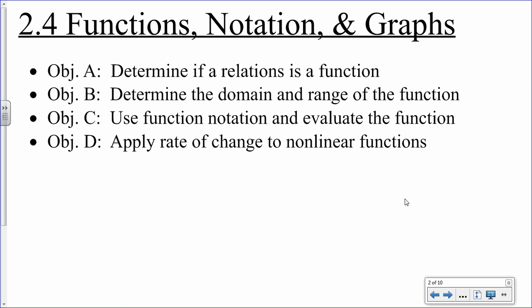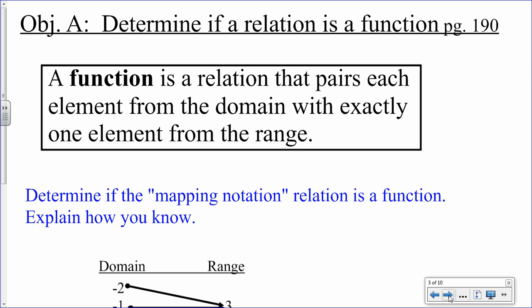Okay, so looking at this objective A, we say that a function is a relation that pairs each element from the domain with exactly one element from the range.